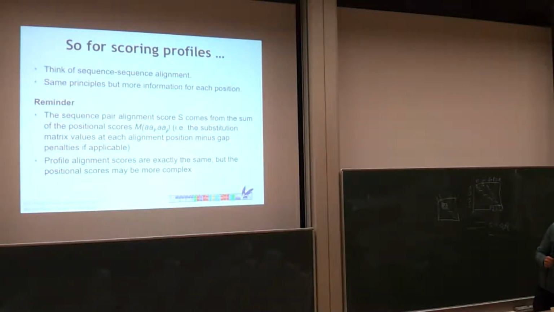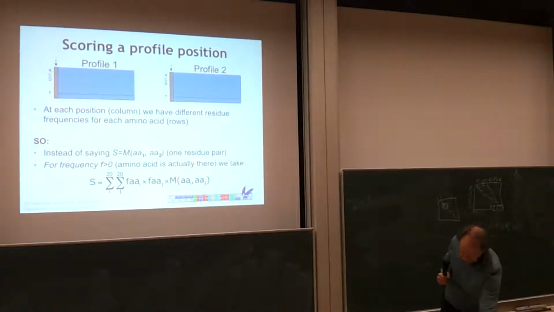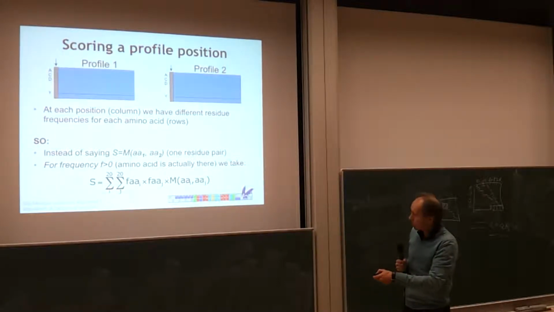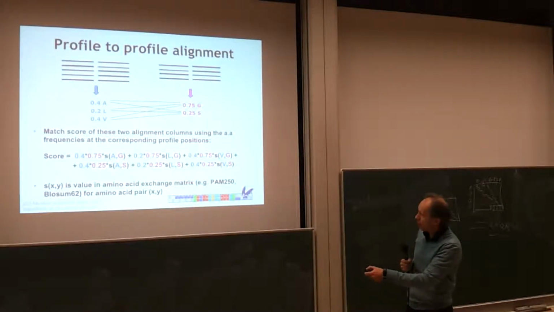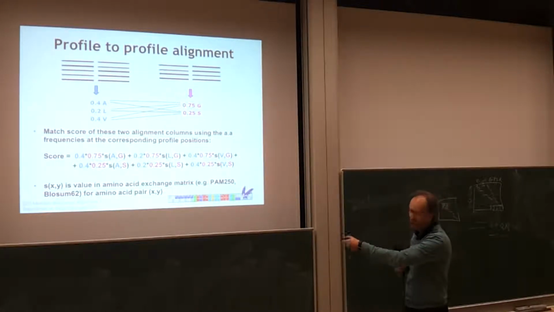Yeah. So basically, if you do this type of stuff, what you do is, again, go to this slide, you have the frequency of the one column times the frequency of the other column, times the exchange scores, where you take the weighted average. So you go over all possible pairs, A against G, L against G, V against G, and then A against S, L against S, and V against S here, and you take all those regions.